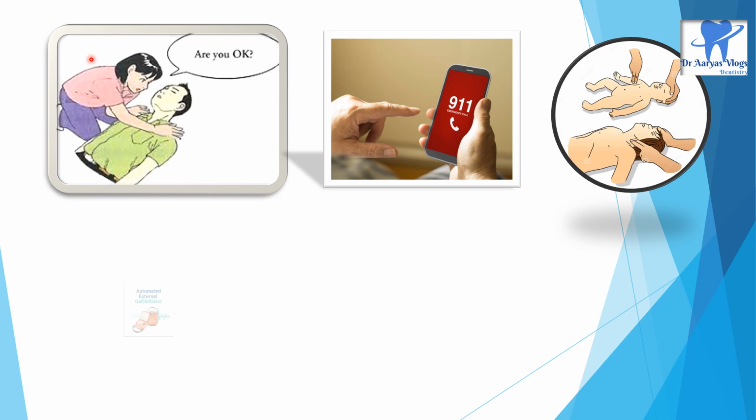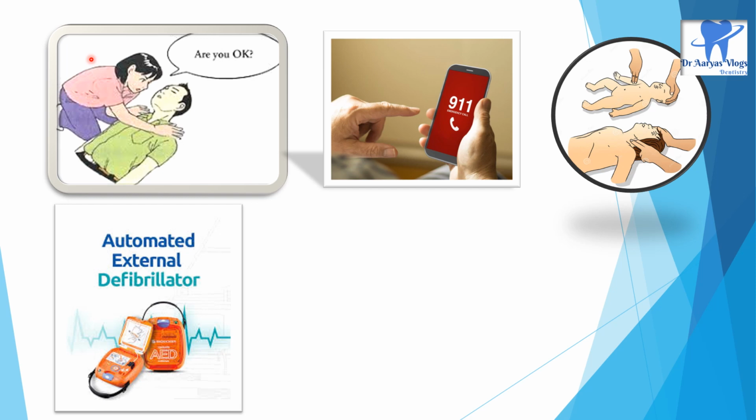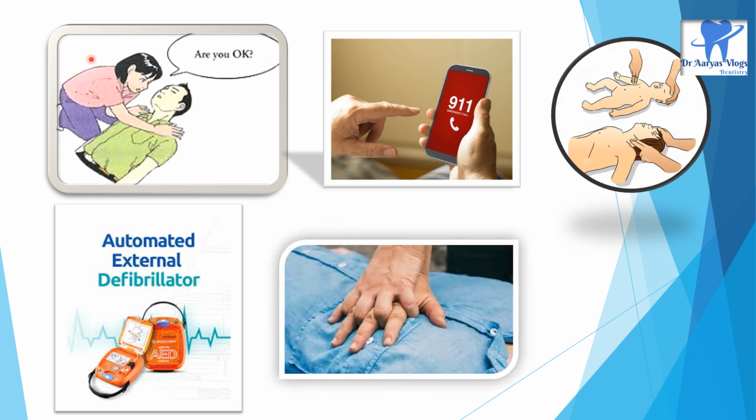And assess for breathing and pulse. To minimize the delay in starting CPR, you should assess breathing and pulse at the same time, and this should not take more than 10 seconds. So within 10 seconds, if there is no pulse or no breathing, then start CPR.